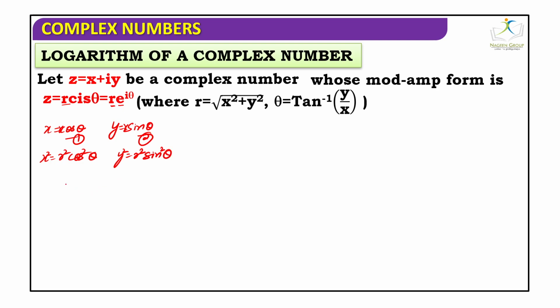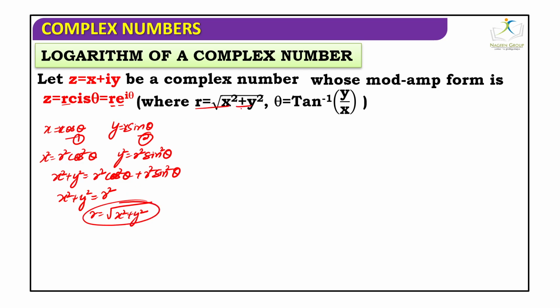Now add them. After adding we get x square plus y square equals r square cos square theta plus r square sin square theta. Taking r square common, cos square plus sin square is 1. So the value of r comes equal to under root of x square plus y square. This is what we derived here.